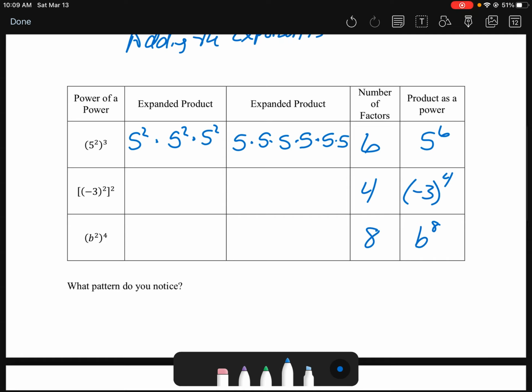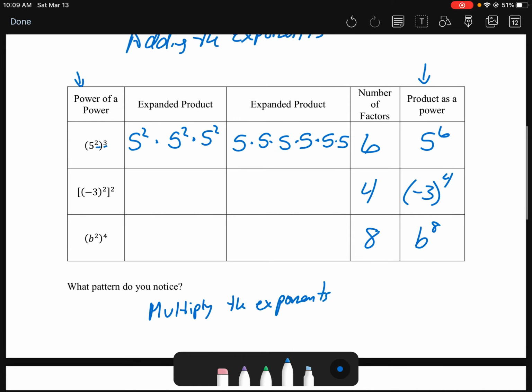What pattern are you noticing with our final product at the end and our power of a power? All we're doing is just multiplying the exponents together. So for example here, I have 2 times 3, and I got my 6. 2 times 2, and I got 4. 2 times 4, and I got 8.